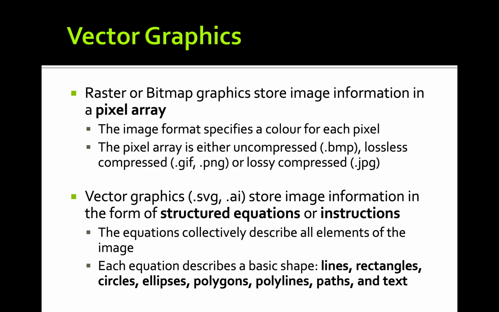Similarly, if we look at the equation of a line, y is equal to ax plus b, where a is the slope and b is the y-intercept. So we are trying to save the information about our image in the form of equations, the basic shapes: line, rectangle, circle, ellipse, polygons, polylines, paths, and texts.